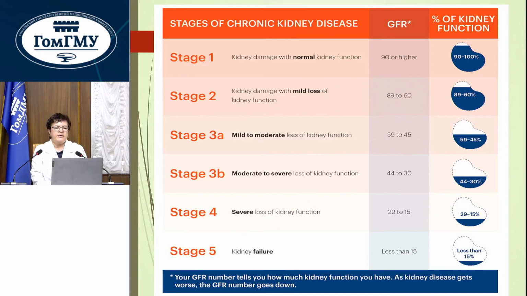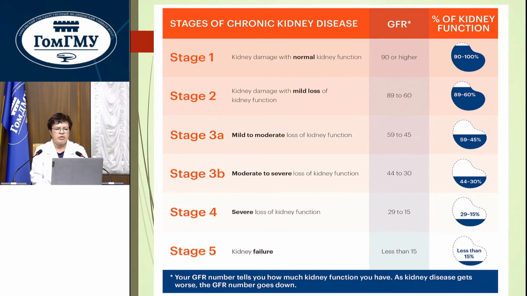Here we have the classification of the stages of chronic kidney disease according to the level of glomerular filtration rate. According to this classification, stage 1 is kidney damage with normal kidney function. Glomerular filtration rate is 90 or higher, and the percent of kidney function is from 90 to 100.